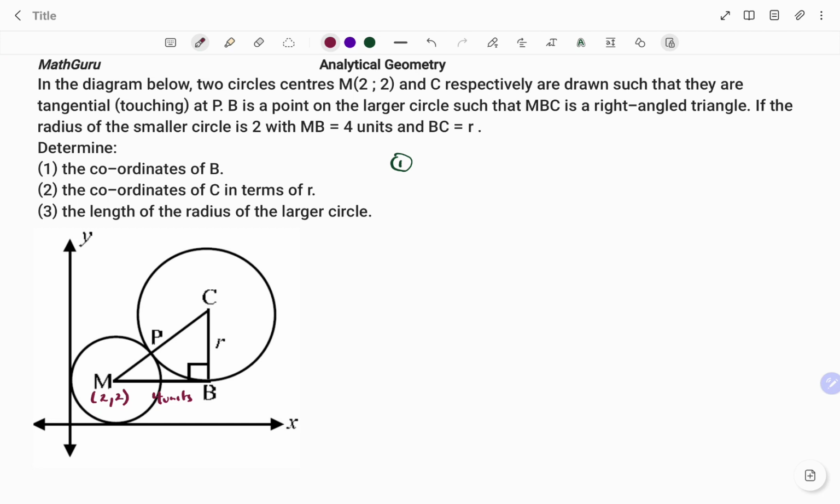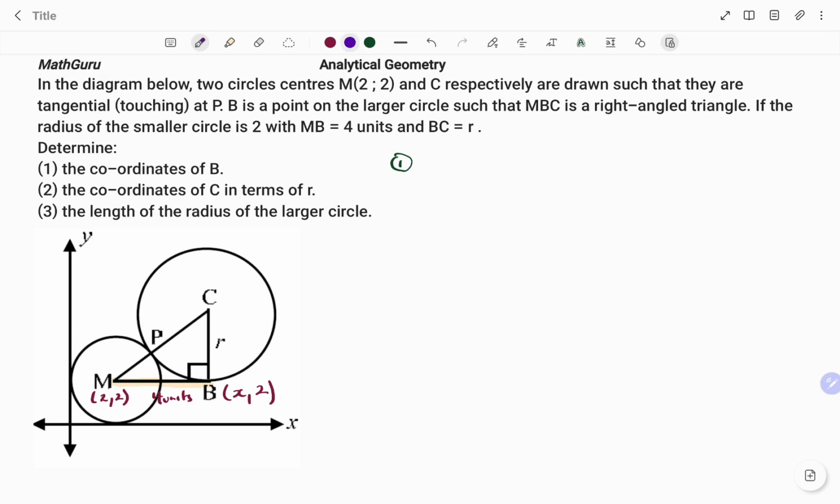Because B lies on the same line as MB, which is parallel to the x-axis, the y-coordinate of M will also be the y-coordinate of B. This is also so because MB is perpendicular to CB. So the y coordinate of B will be 2, the same as M.